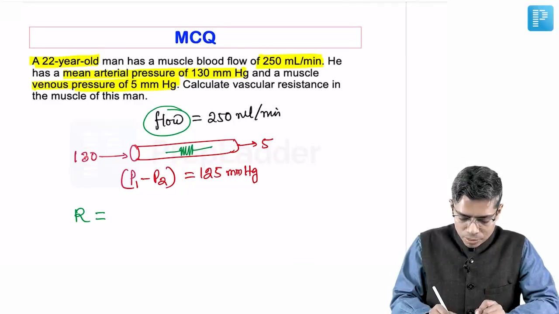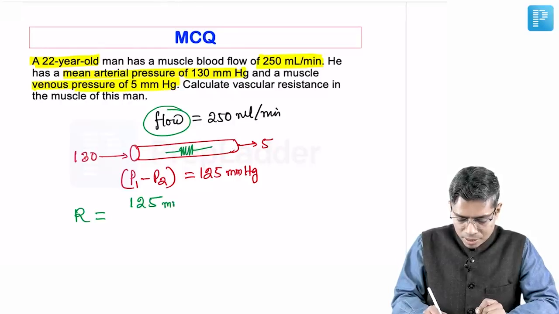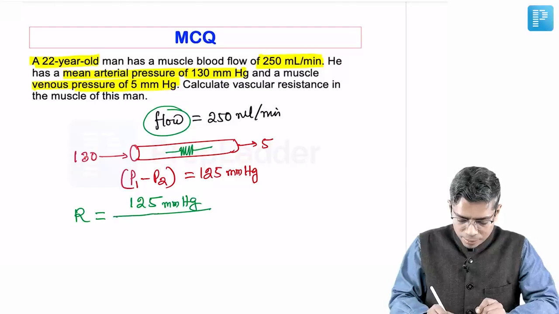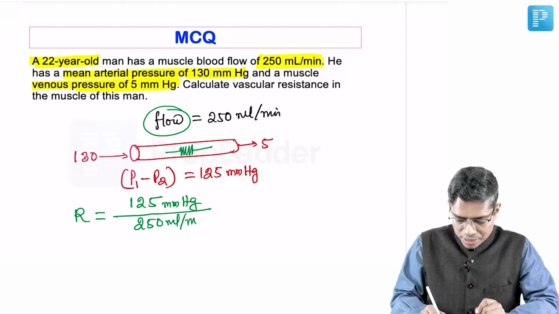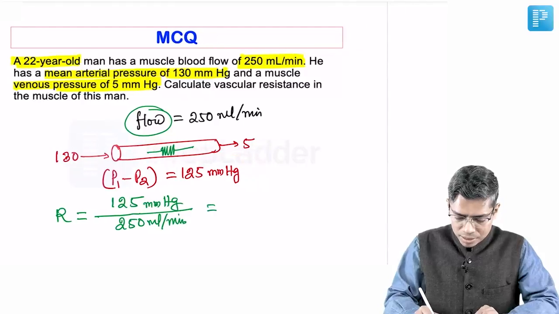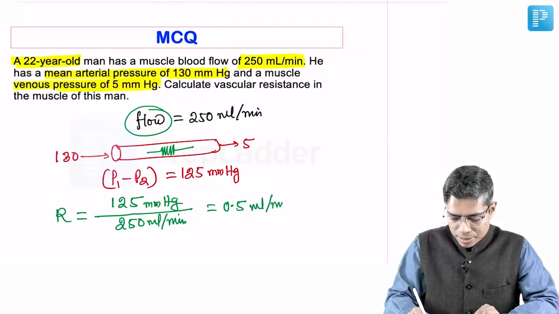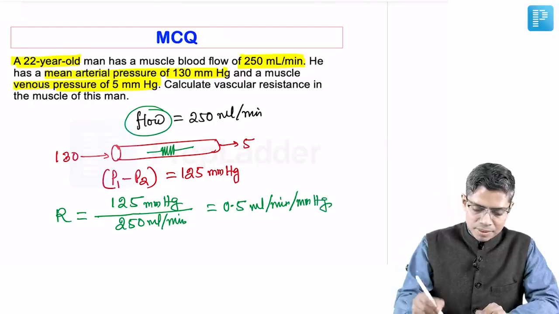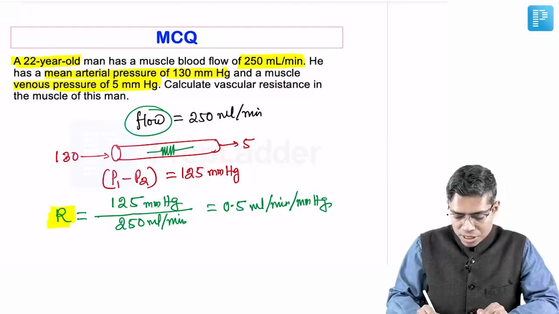So R is equal to P1 minus P2, that is 125 millimeter of mercury, upon your blood flow, that is 250 ml per minute, right? So this will be nothing but 0.5 millimeter of mercury per ml per minute. Very simple. So this way a question can be given.